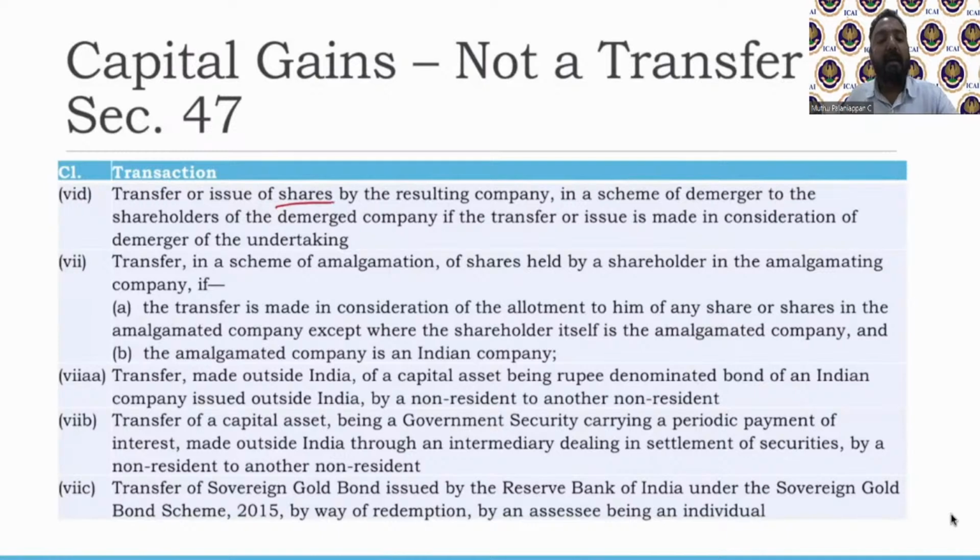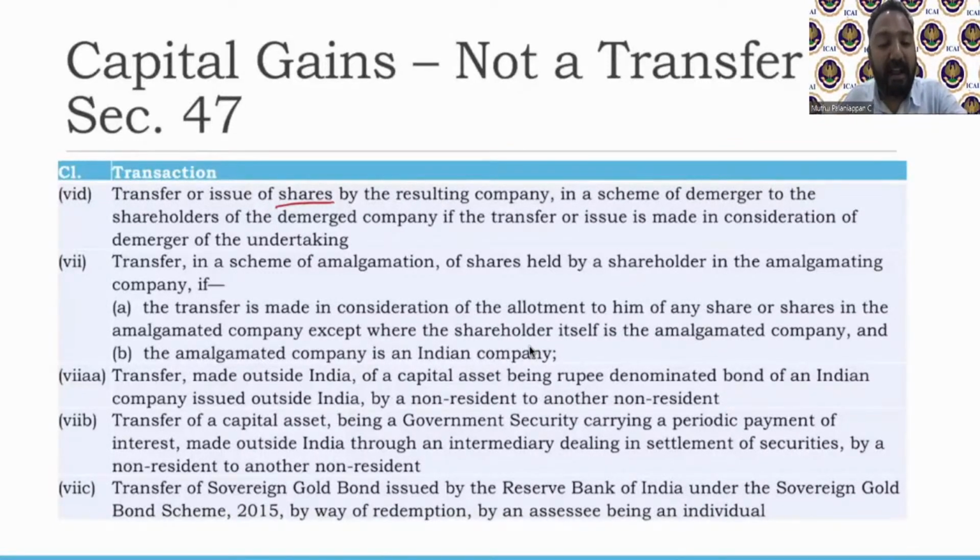So now the resulting company, that is in demerger, in our example, we said AB is becoming A and B. Now, when A is issuing shares, it will not be treated as transfer because it was earlier holding shares in AB Limited. So let's say there was a holding of 100 shares in AB Limited. Now I'm going to get 100 shares in A Limited. This is not a transfer. So that's what you mean by the resulting company thing.